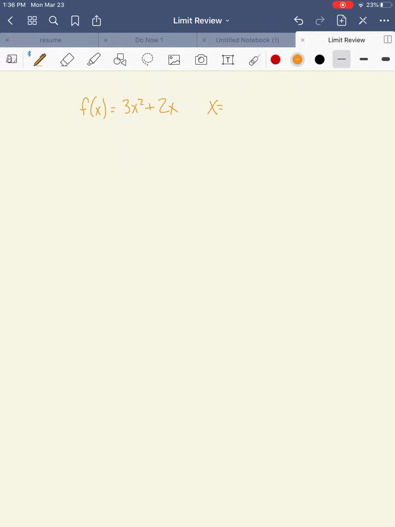Alrighty, so again, 3 times x plus h squared plus 2 times x plus h, then minus 3x squared plus 2x all over h, limit as h approaches 0.